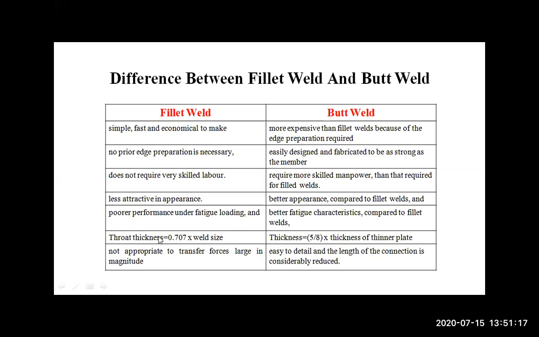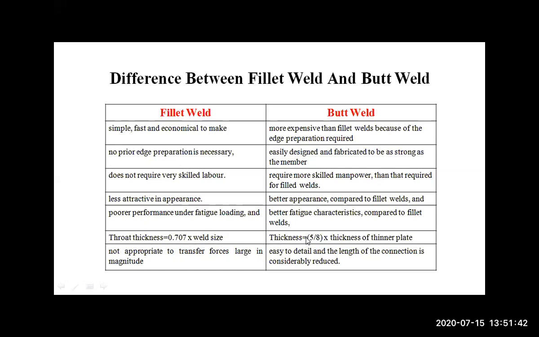Then next is the throat thickness, which we will learn in detail in the next 2-3 slides. What is throat thickness? The throat thickness that we have to consider in fillet weld is 0.707 into size of weld. How to calculate throat thickness in the fillet weld? 0.707 into weld size.